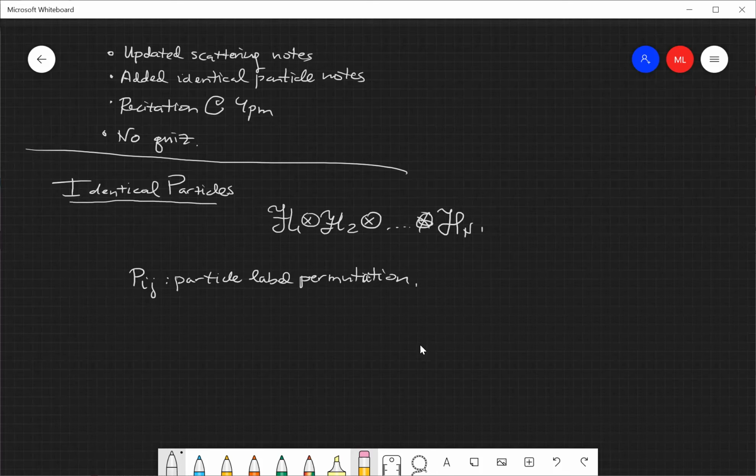One of the important physical axioms that we have is that any observable will commute with the permutation operator. So any observable A has [P_ij, A] equal to 0.